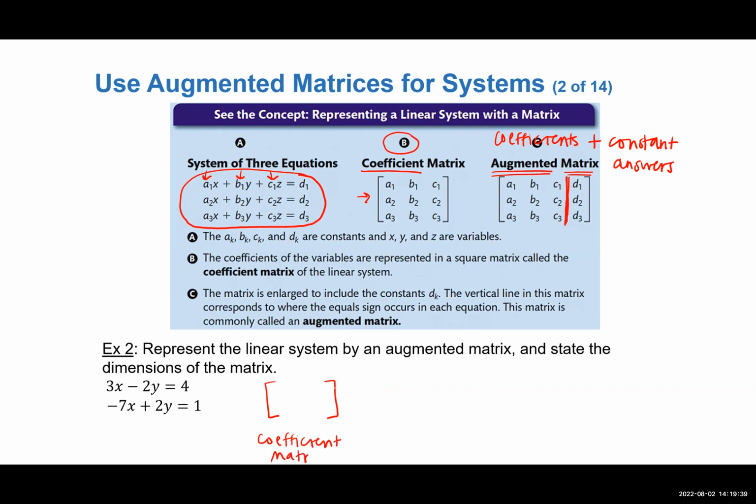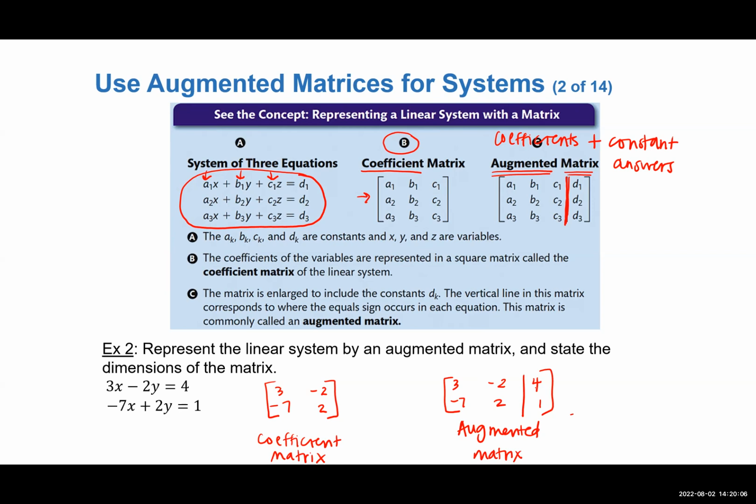So if I were to write the coefficient matrix here, I would just write the coefficients of X and Y. So I have 3, -2, -7, and 2. But if I were to write the augmented matrix, I would write 3, -2, 4, -7, 2, 1. So just being able to write these out is what the first tool is.